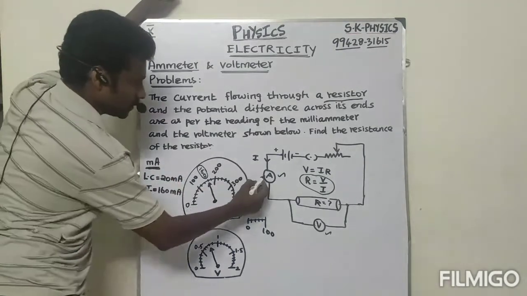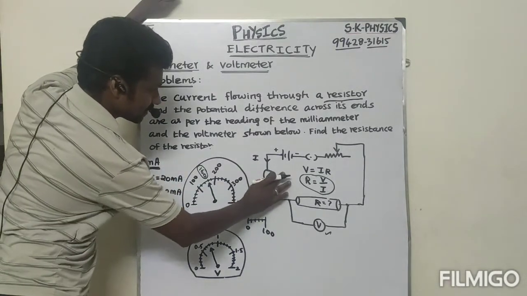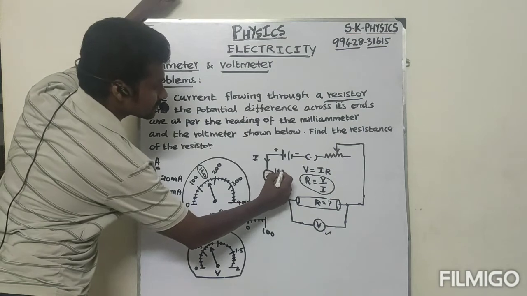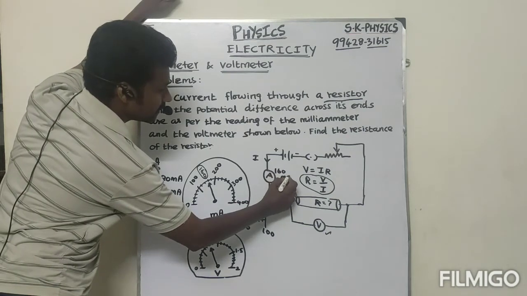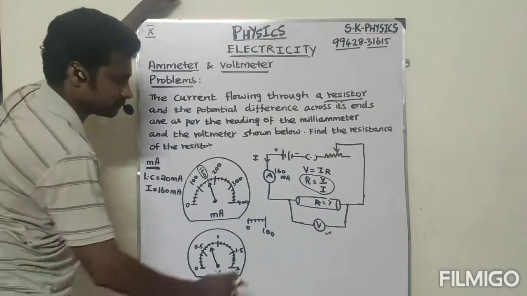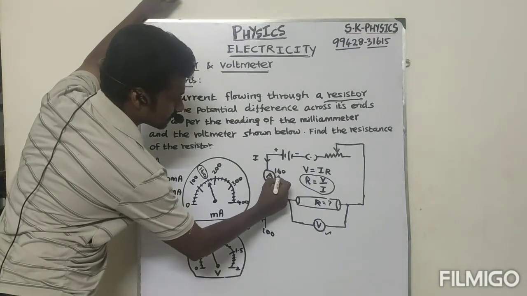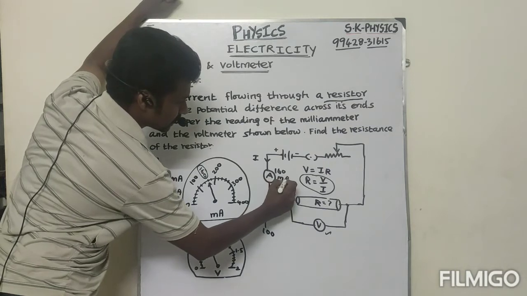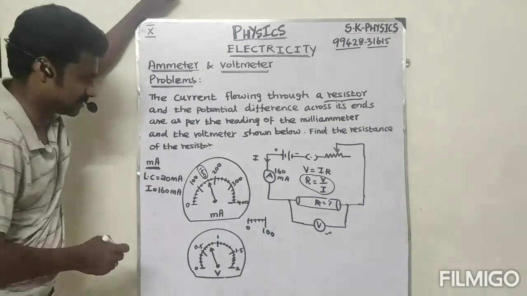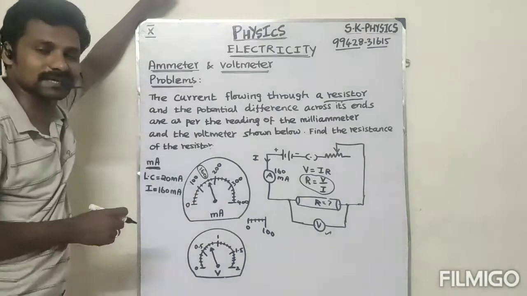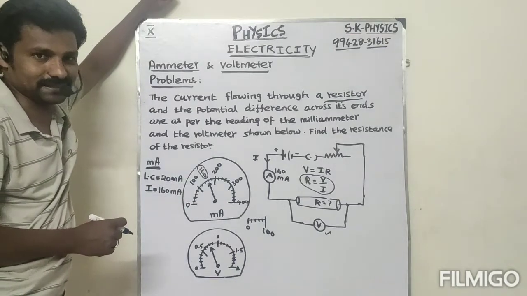So now you know the ammeter reading is what? 160 milliampere. That's all. So now you know the reading of the ammeter.